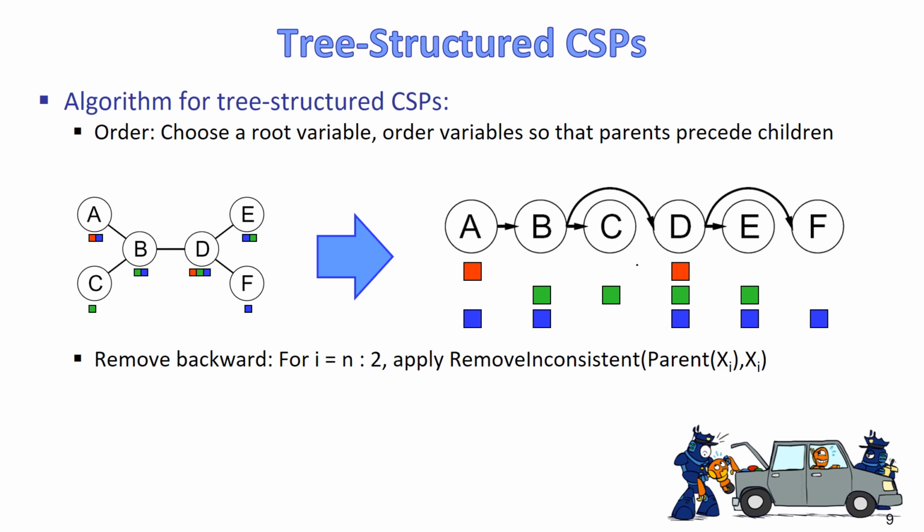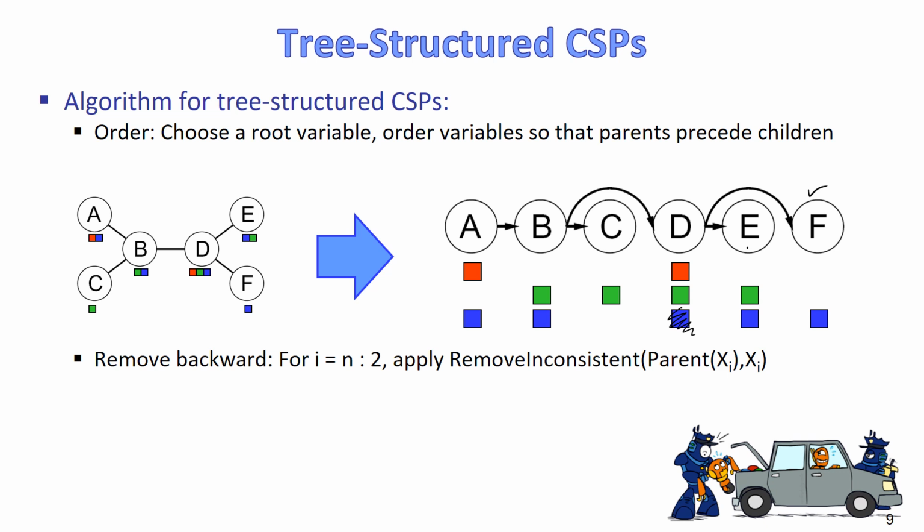Let's see with F. What is the edge going to F? It's D, right? So D to F. Is that consistent? Let's see. Red is okay. Green is okay. Blue is not okay here because we have to assign blue here. So this blue has to be removed.